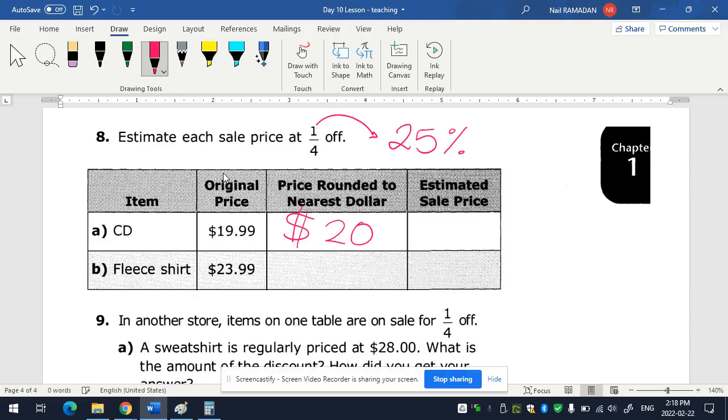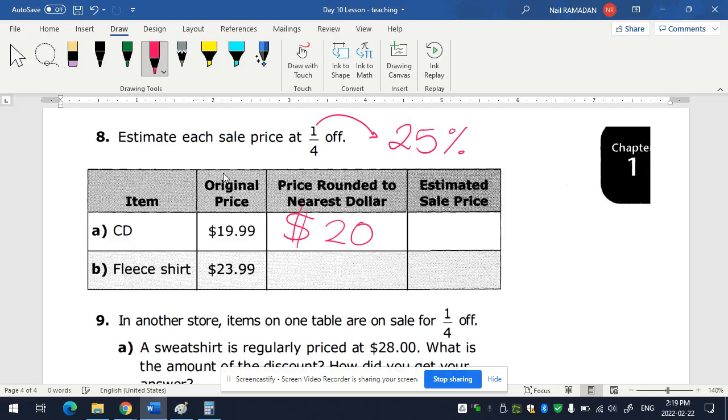But do you see the quick way now? You don't have to look at how much you lost and then subtract it. You can just subtract right now, 70%. So if the store is taking 25% off, how much is still the price? 75%.